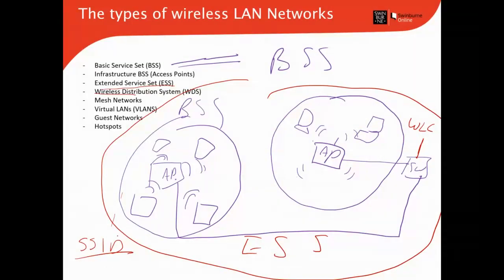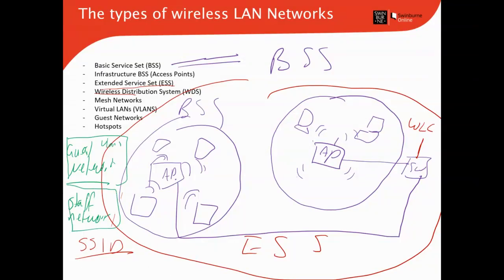Now, say, for example, I have a guest network and I have a staff network. I can create separate VLANs in my network, and I can create two different SSIDs. I could create a guest network, guest internet, and say staff internet.